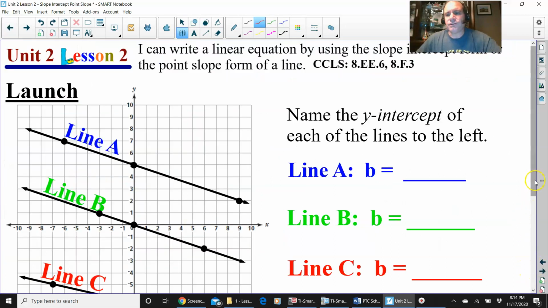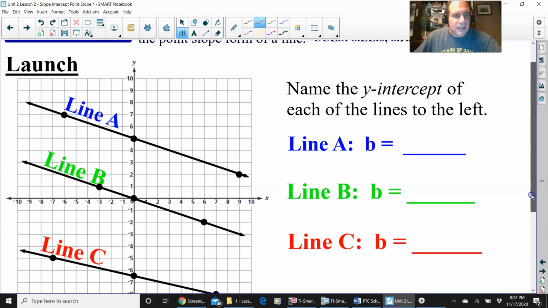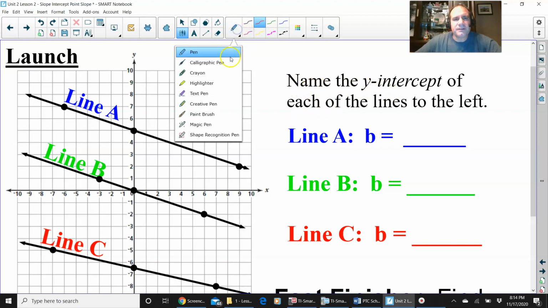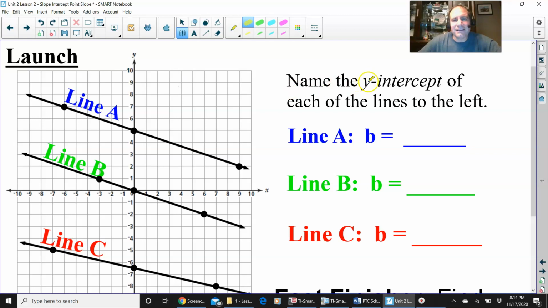So let's go on to another launch, and now we have name the y-intercept. So I'm going to highlight that y-intercept. That is where the line crosses, and you can write this down because this is important.